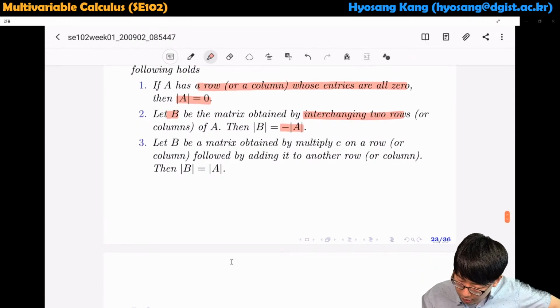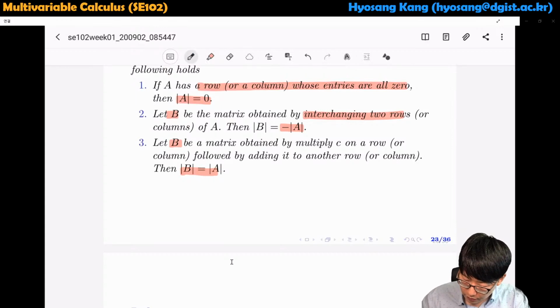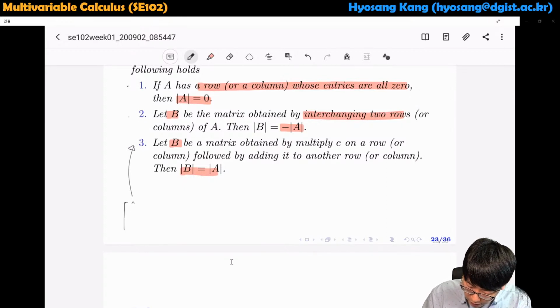And if you take another matrix by multiplying one row of a given matrix A and adding it to another row, then you get the same determinant. So I think the first one and second one are kind of obvious. The third part is talking about this situation. So you have A11, A12, and so on, A31, A32, A33, A13.